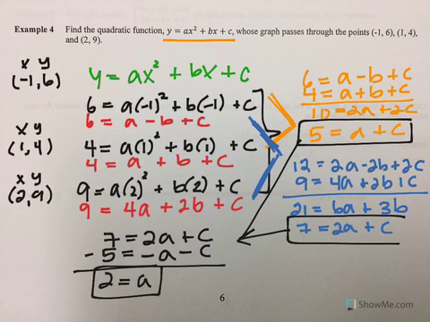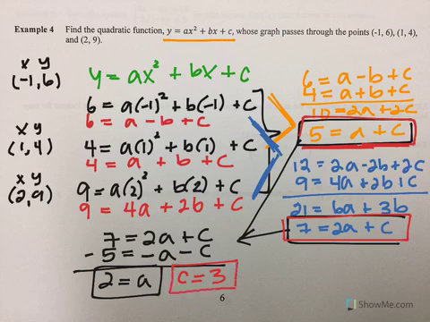So now I can plug a equals 2 back into either one of these 2 equations where I only have a and c, and that'll tell me that c is equal to 3. And now I can plug both of those into any one of my original equations, and I can solve for b. And I get b equals -1.